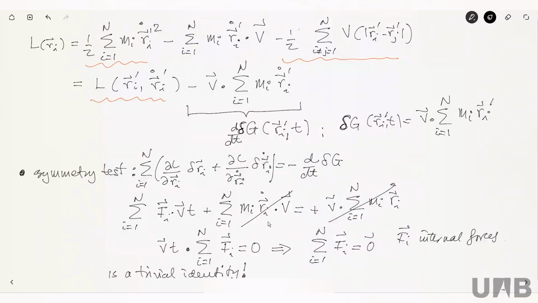So therefore, what I find is 0 equals 0. You see what I'm saying? Yes. So a boost is a trivial identity, in the case of a Lagrangian describing non-relativistic mechanics.